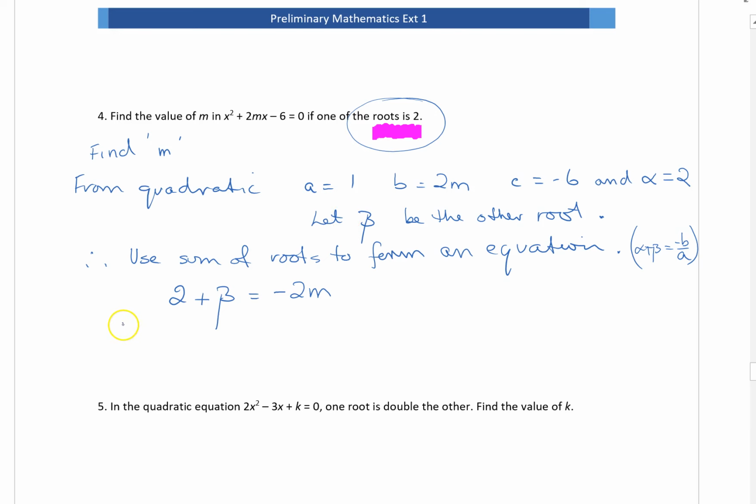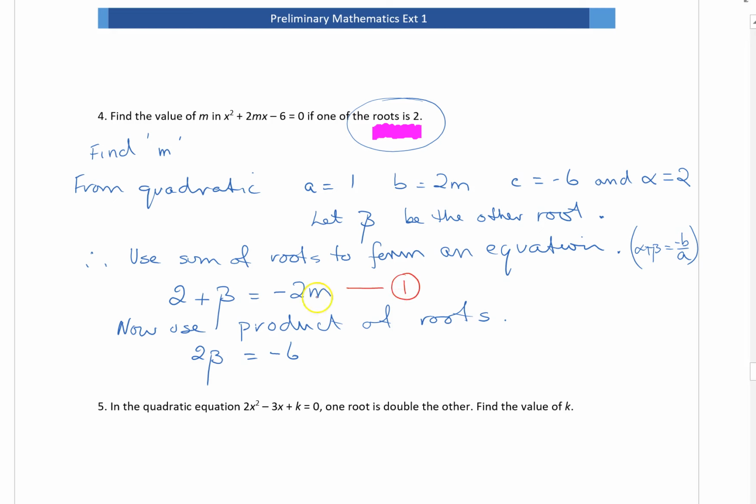Use now the product of the roots, which is 2 beta is c on a, which is minus 6. Now, what have I produced? I've produced some equations.